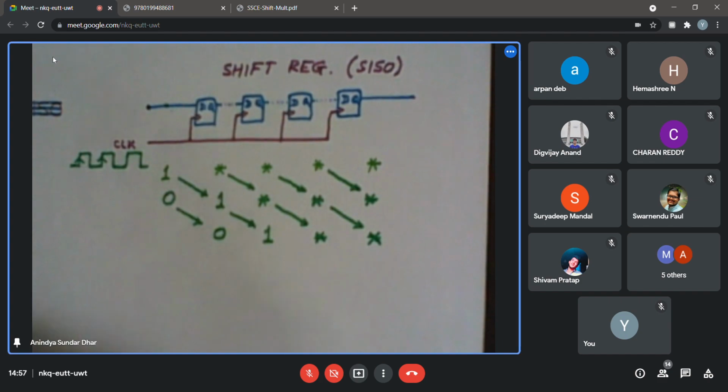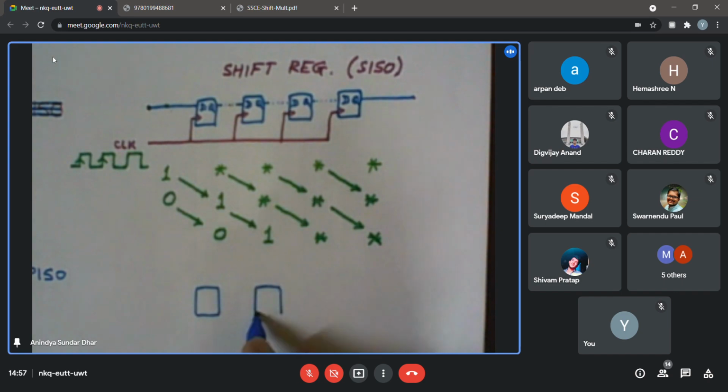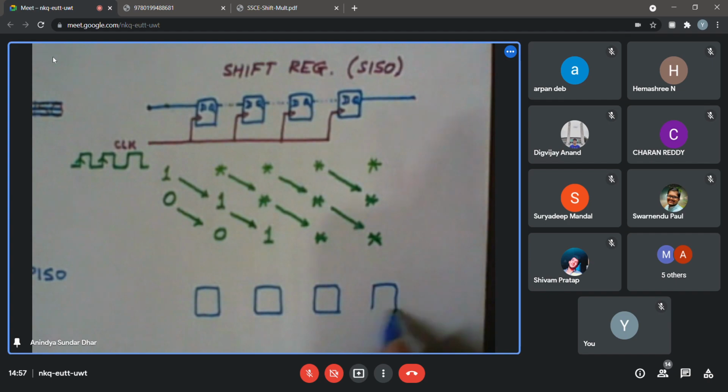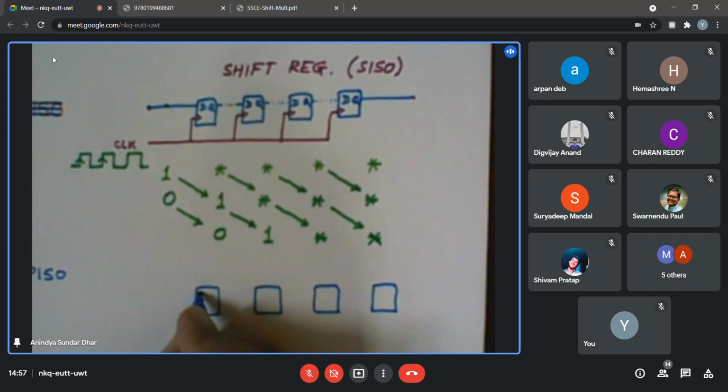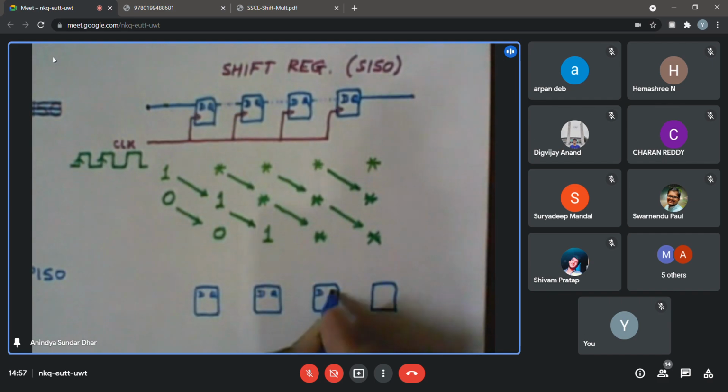So anyway, now what about that parallel in, serial out? Once again, if I take a 4-bit number, suppose I want to load all the flip-flops in parallel, that is concurrently. So they are once again that D flip-flop, D and Q, D and Q. What is the problem if I try to load the other structure in parallel?